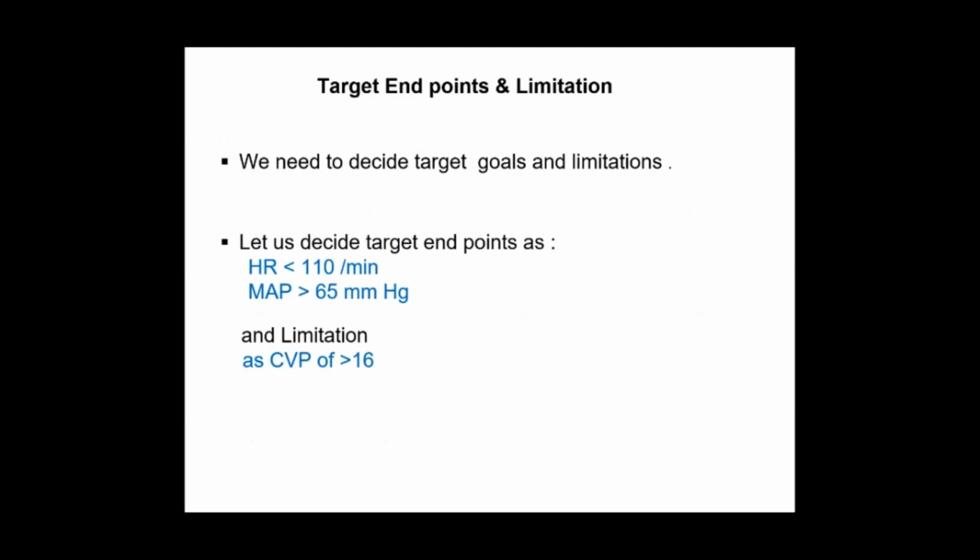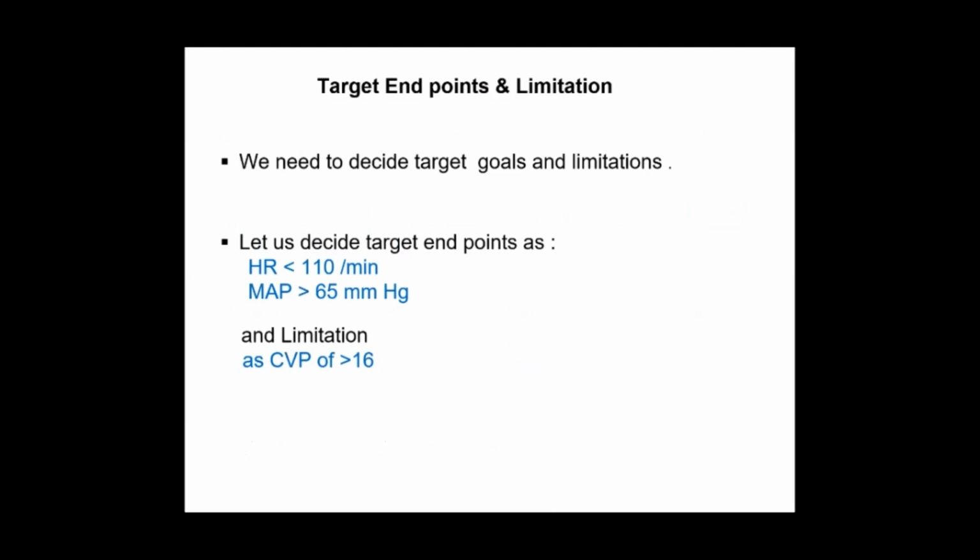We always have to set some target endpoints with respect to variables, and also the limitations at which we are going to stop or limit the therapy we are utilizing to achieve those variables. So we have to decide target goals, and we have to decide the limitations.